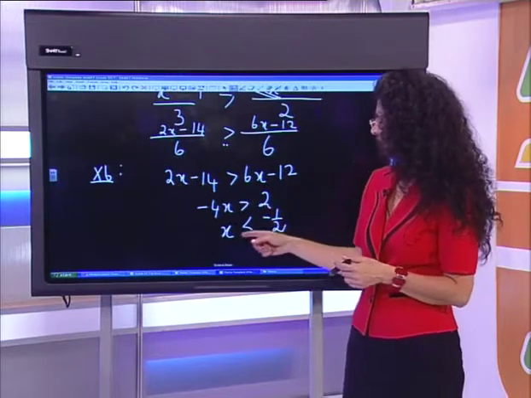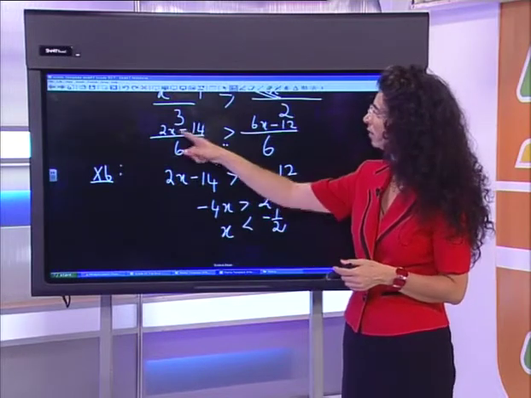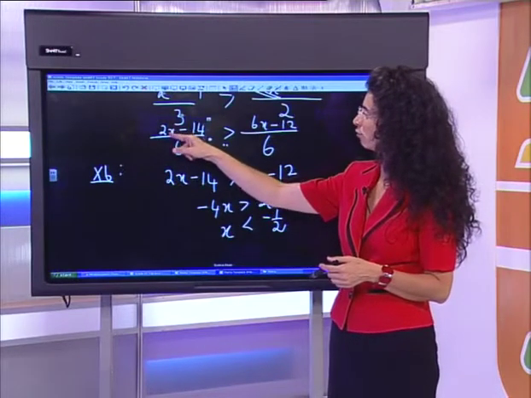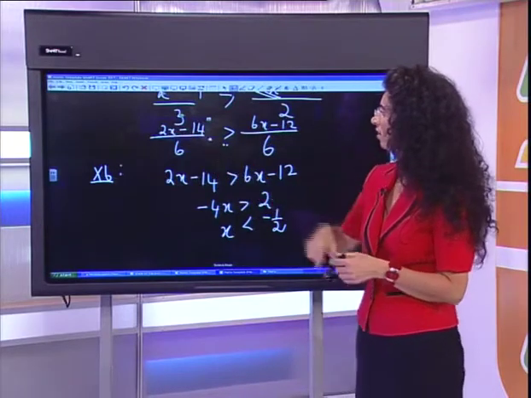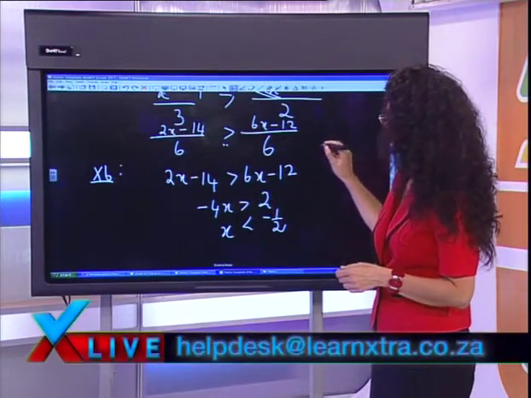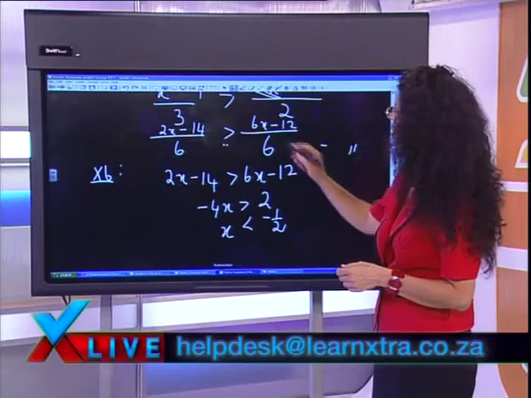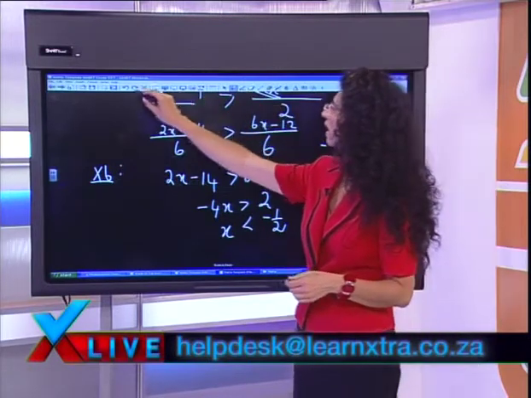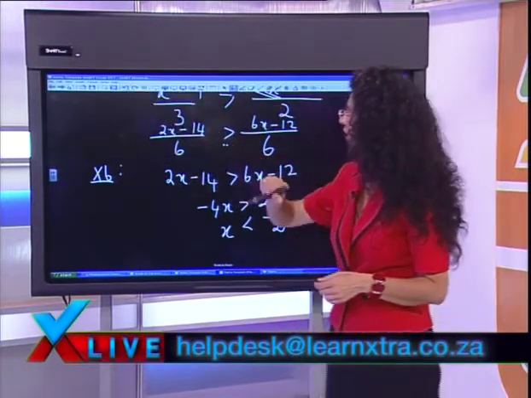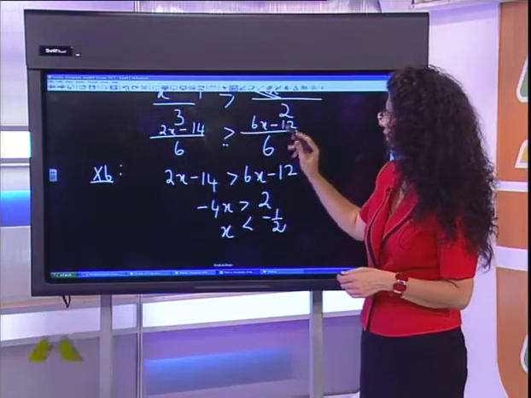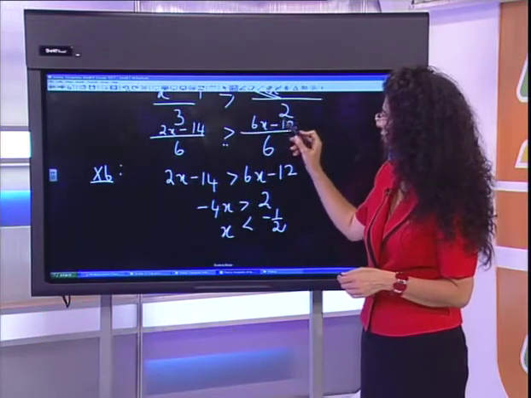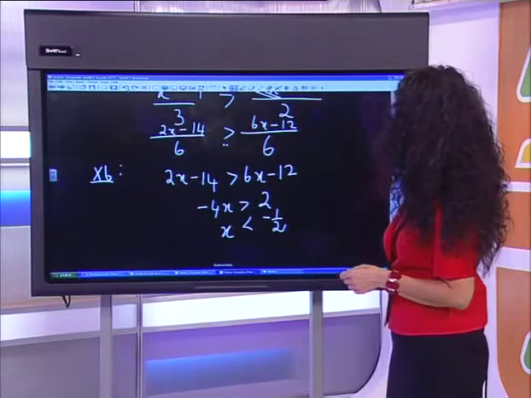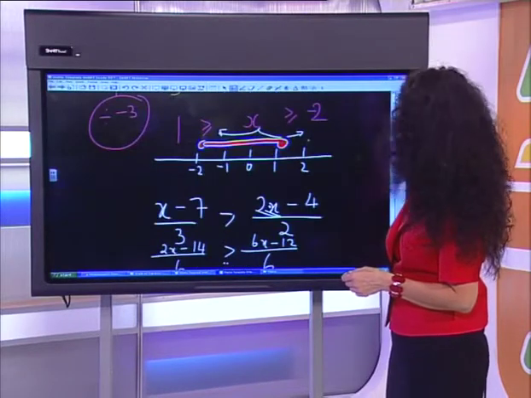Let's test. If x is negative 1, for example, that would give me a negative 2, negative 14, which is negative 16 over 6. Okay. Well, let's go to the original. Makes it easier.